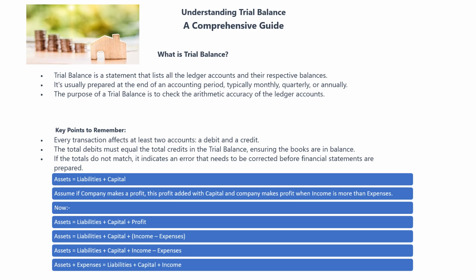So let's go further. I have added profit, so that comes to assets equals liabilities plus capital plus profit. Now, if I break down profit a little bit, that will be income minus expenses. So my equation will be assets equals liabilities plus capital plus, within brackets, income minus expenses.